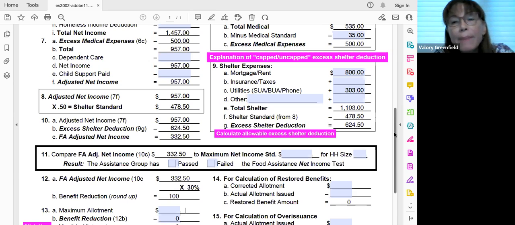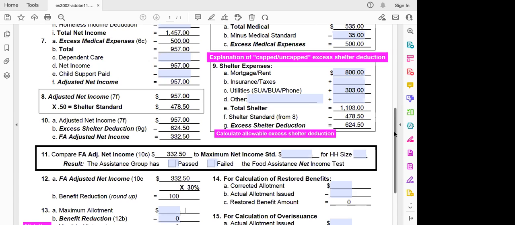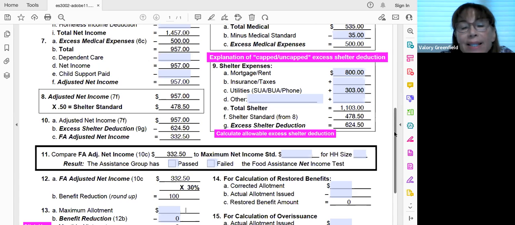Okay, so let me point out one defect with this form that you all need to be aware of as you move through other cases. This form doesn't limit the shelter deduction at 9G. Whatever the shelter deduction comes out to be, it's going to move that excess number, that 9G excess shelter deduction, over to 10B.